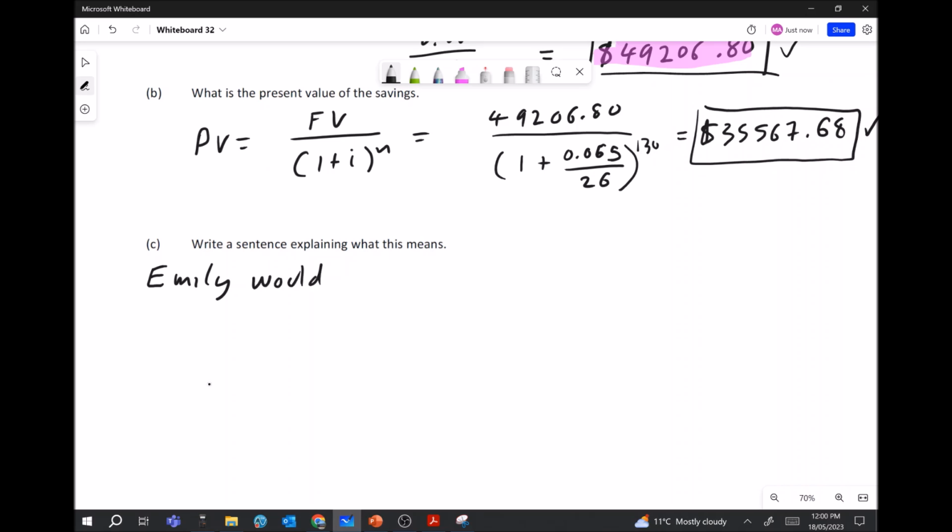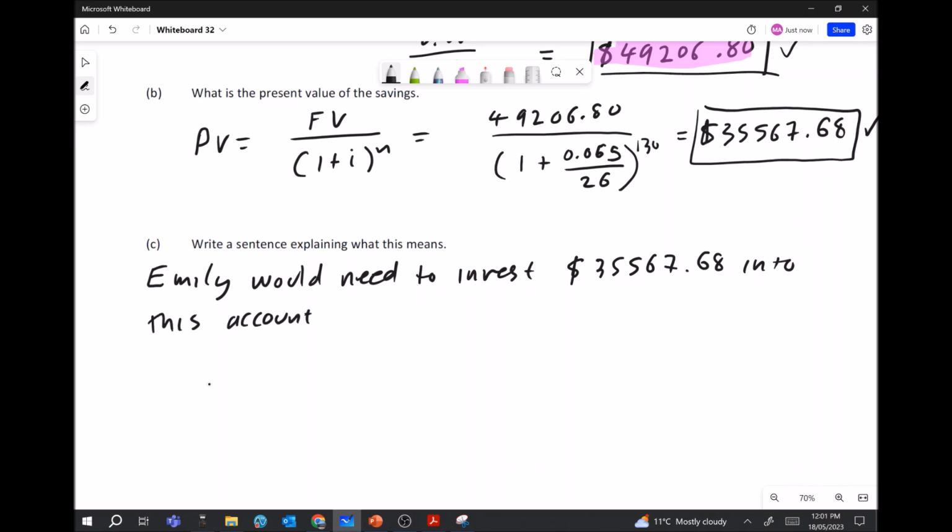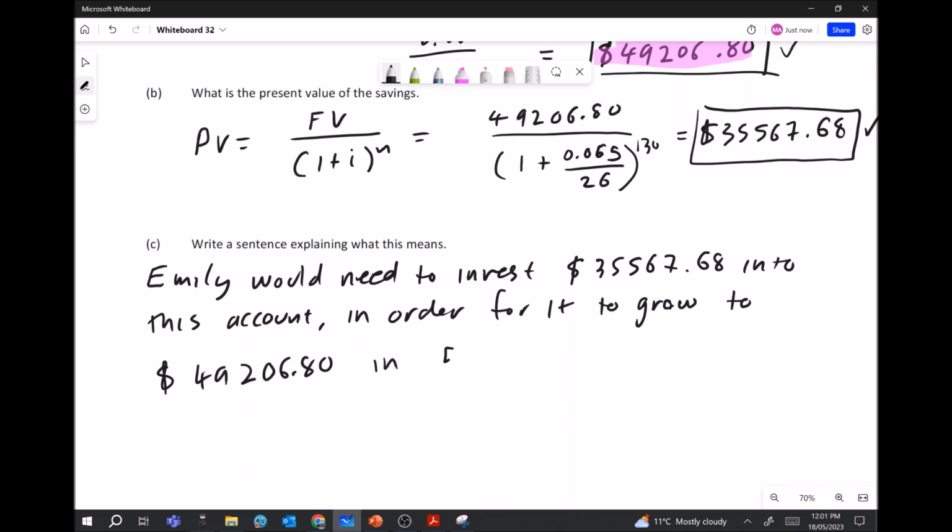So Emily would need to invest 35,567.68 into this account in order for it to grow to the 49,206.80 in 5 years' time.